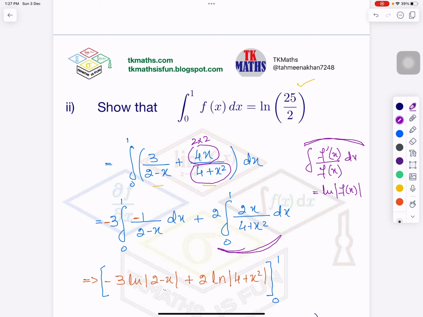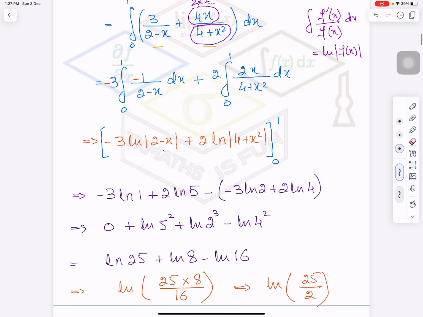So now once I got this, I have to apply limits 0 to 1 here. I'm simply applying the limits. You can see when you write 1 here, it is 2 minus 1, which is 1. When you write 1 here, 1 square is 1, plus 4 is 5. So we do what? Upper limit minus lower limit.